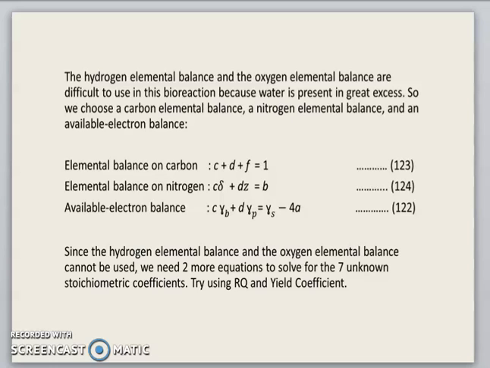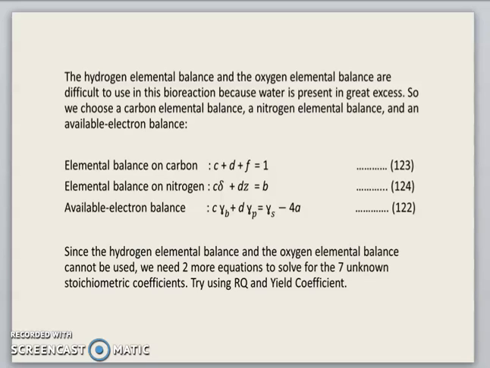The hydrogen elemental balance and the oxygen elemental balance are difficult to use in this bioreaction because water is present in great excess, because we're preparing all those media in water. So we choose a carbon elemental balance, a nitrogen elemental balance, and an available electron balance. So you need to have the elemental balance of carbon, the elemental balance of nitrogen, and the available electron balance, and then come up with the equations.